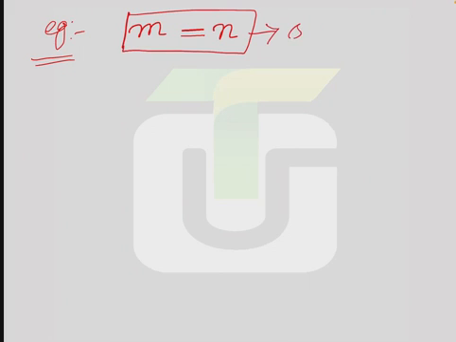That means we denote the number of rows as m and the number of columns as n. Where m is equal to n, we can say that the matrix is a square matrix.